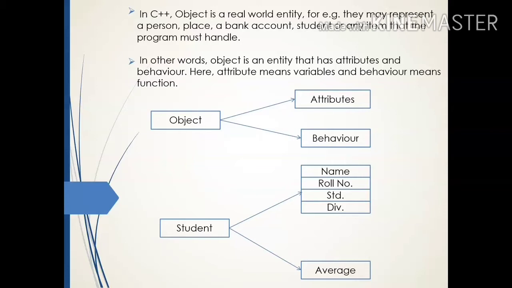Here attributes is nothing but data and behavior is nothing but function. So every object has its own attributes and behavior. In programming language, we call attributes as variables, behavior as functions.